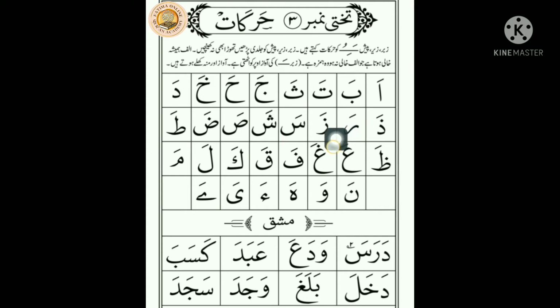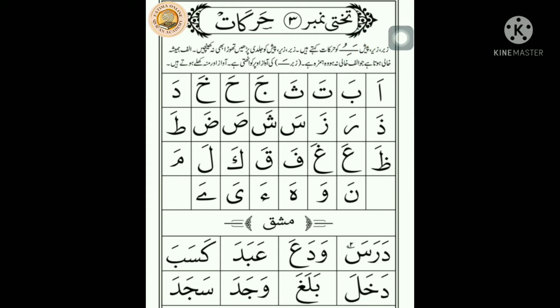If you pull, then it is wrong. These letters are read quickly. Once again, these Zabar, Zair and Pesh are called Harakaath, and we have to read them quickly.